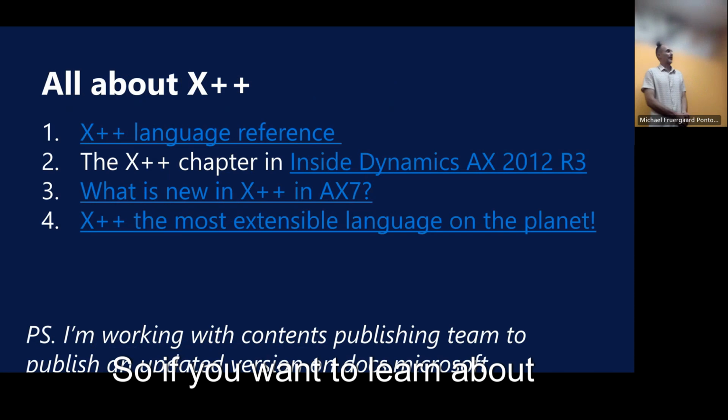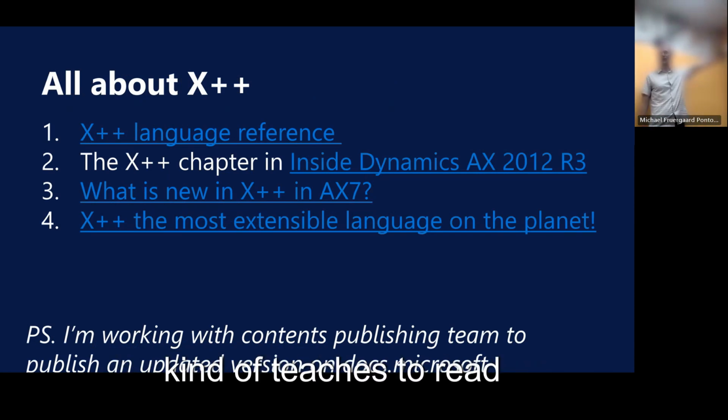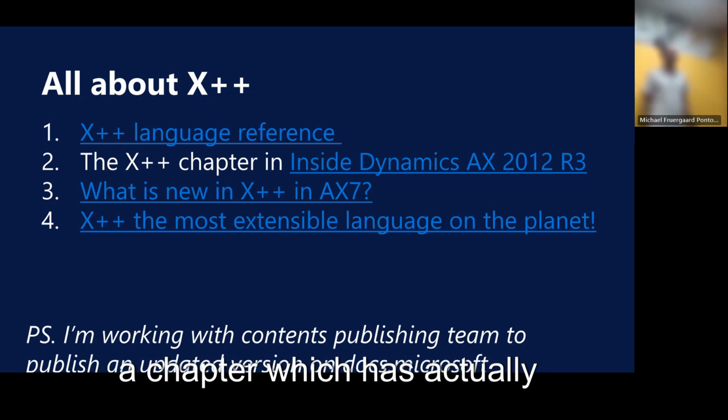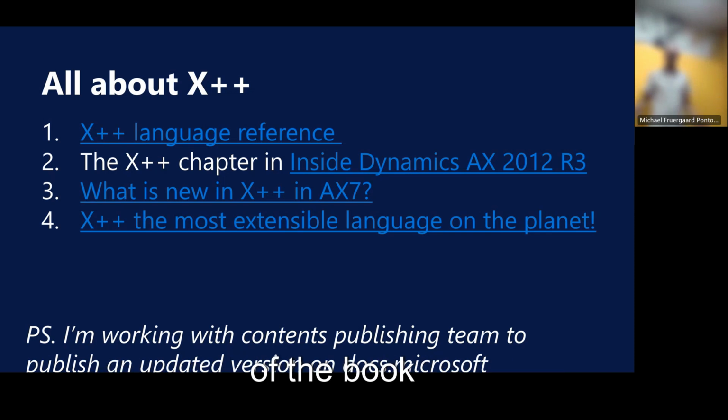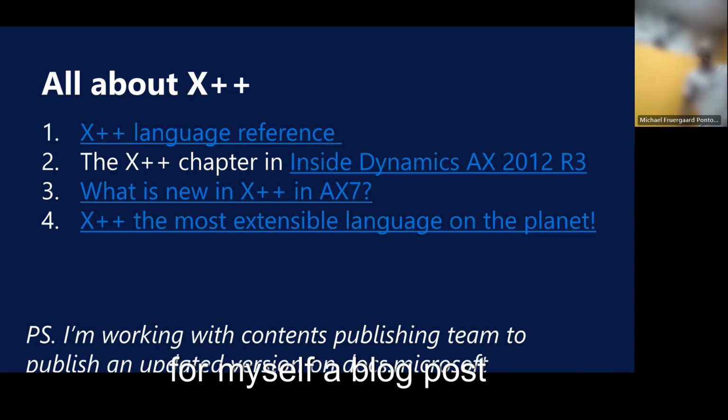So if you want to learn about X++, there's the language reference, kind of tedious to read, but it basically contains it all. Then in this book, there's a chapter which has actually been updated in all the versions of the book, so it's pretty up to date as of 2015. Right. So what happened after is I wrote a blog post for myself.